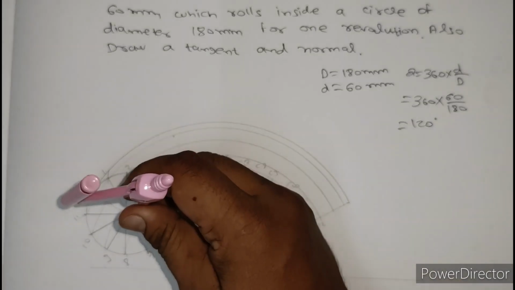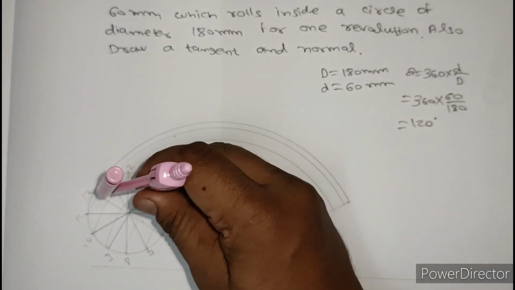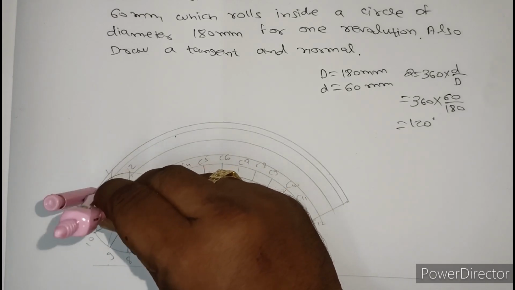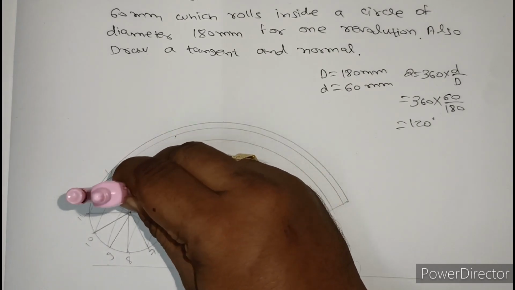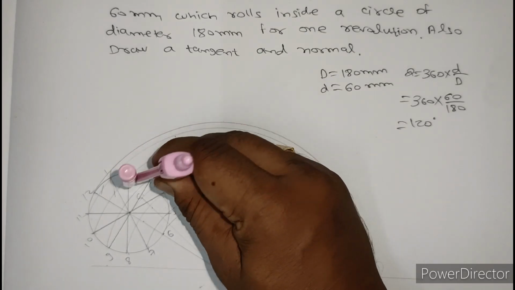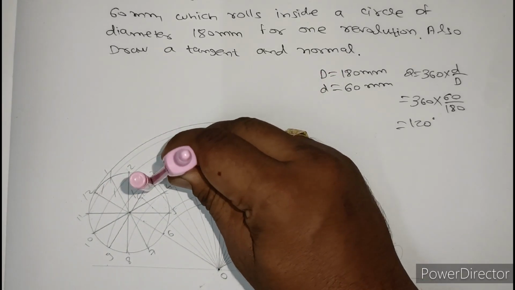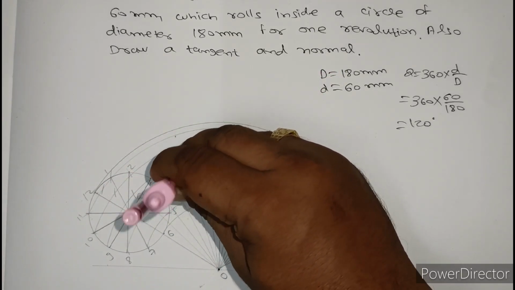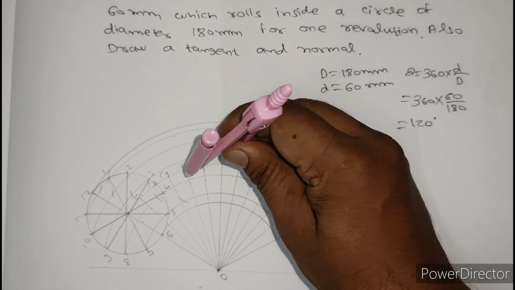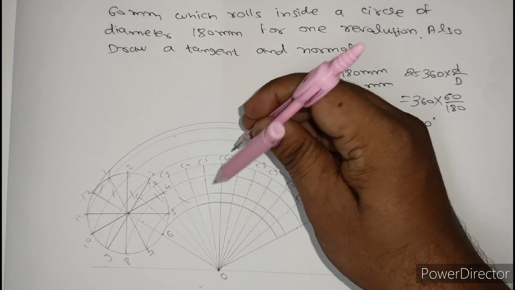Now students, you have to take the radius measurement, and take C1 as a center and mark the 1 to 11 line. Then C2 is a center and mark 2 and 10. C3 is a center and you have to mark 9 and 3 arc. C4 is a center, mark 8 and 4 arc. C5 is a center, mark 7 and 5 arc. C6 is a center and you have to mark at this point, the line passing through 6.